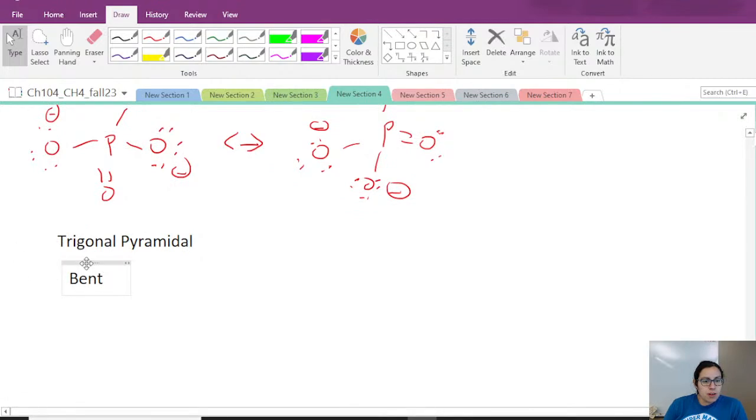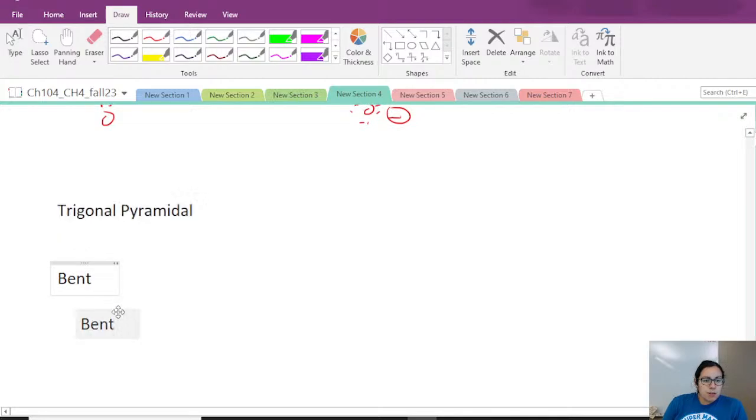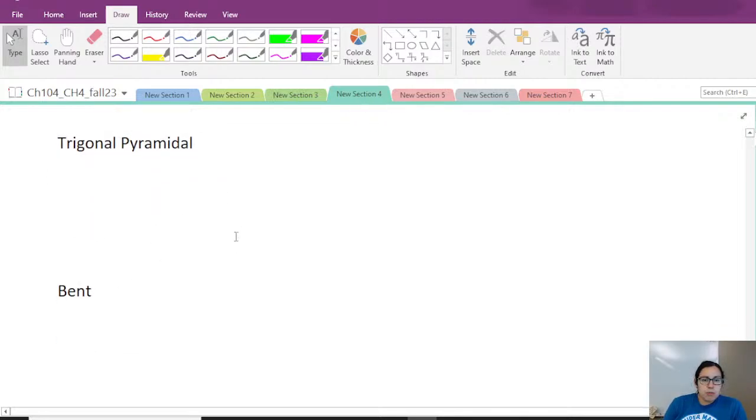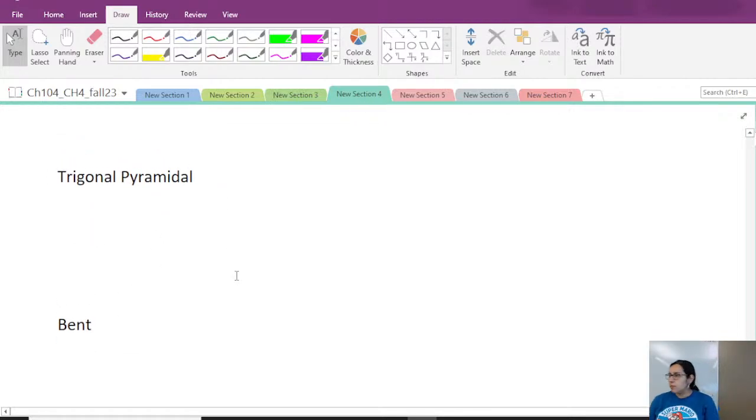All right, let's finish up with the rest of our geometry. Does anyone remember our trigonal pyramidal example? Some classic ones? What do we remember? Any guesses?